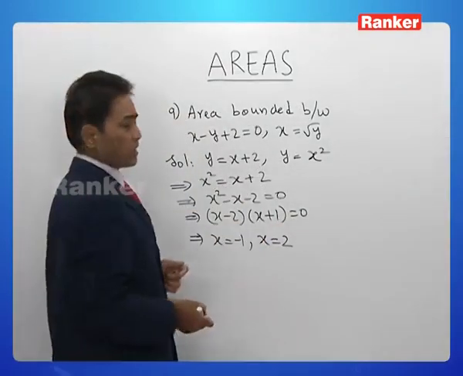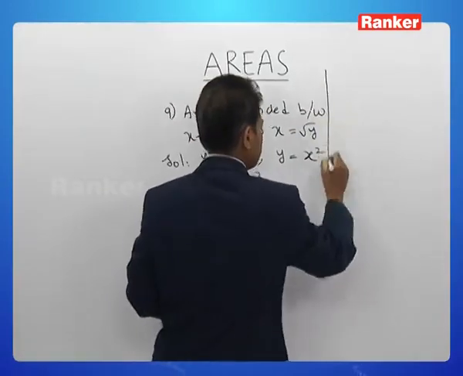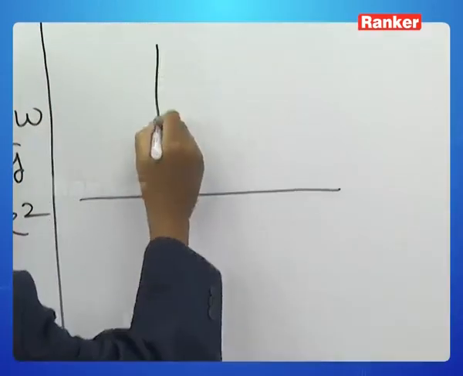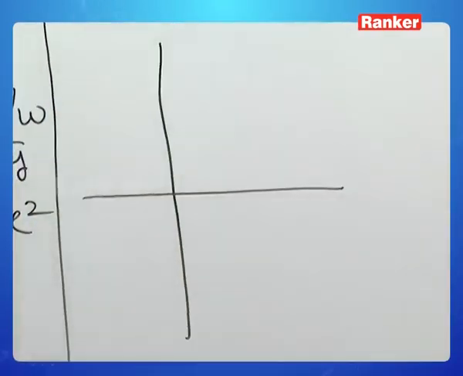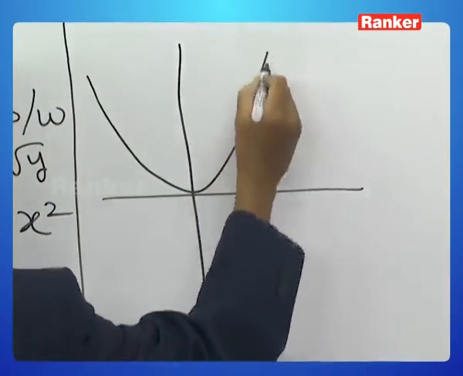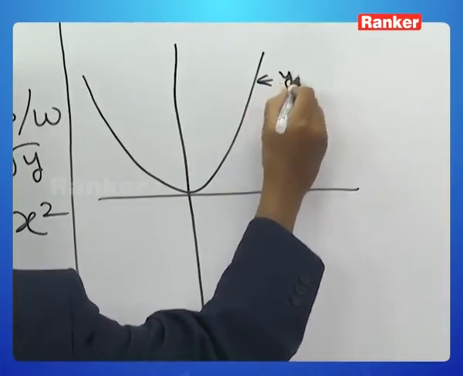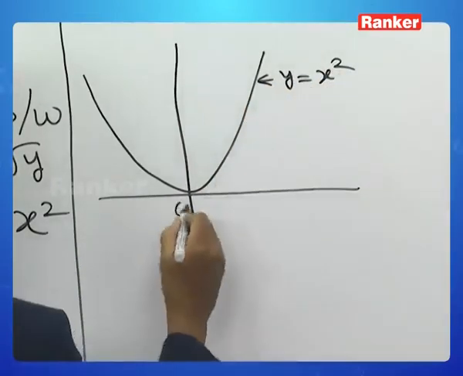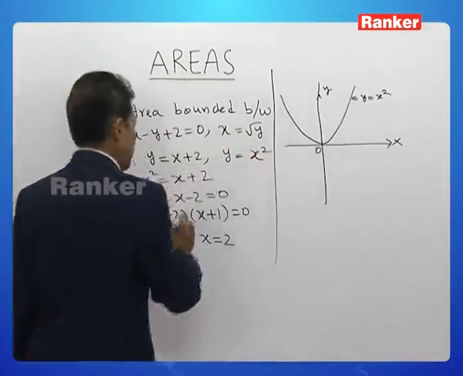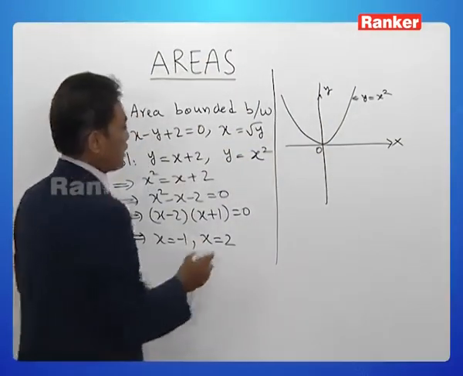Now, let us try to put this diagram. Now, y is equal to x square is a vertical parabola. This is y is equal to x square. Of course, this is origin, this is x axis and this is y axis. Now, line intersecting at minus 1 and 2.